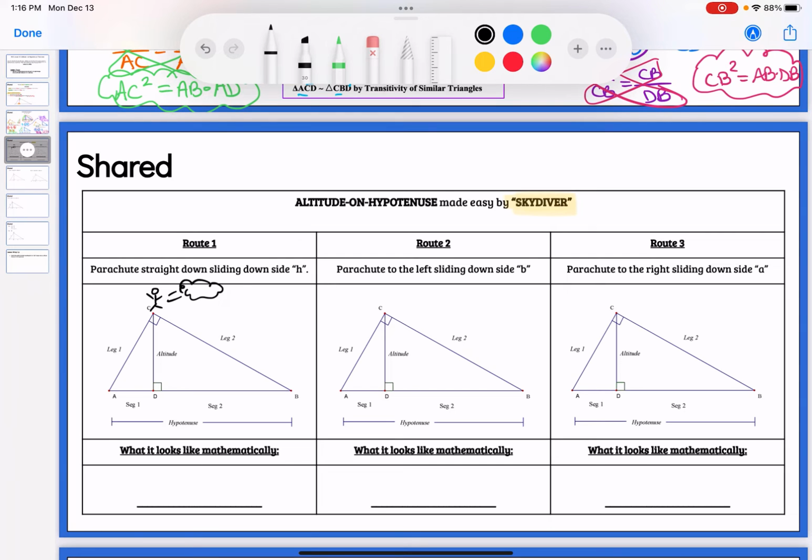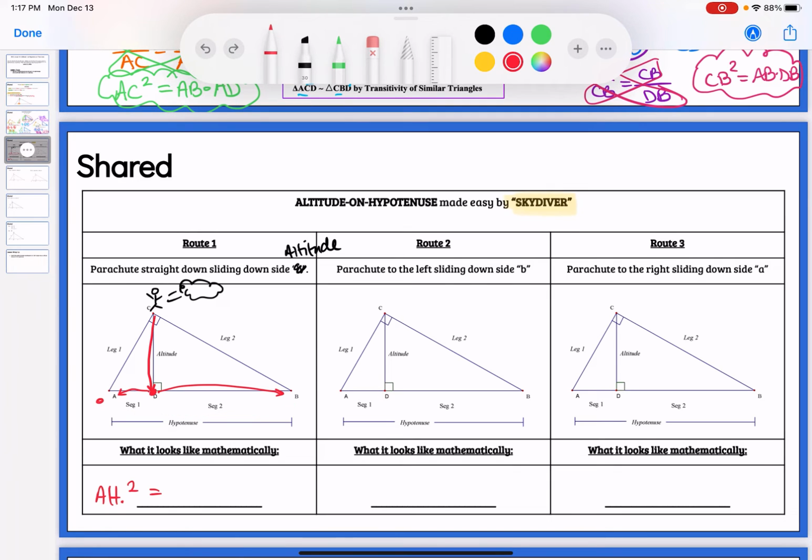Okay, so parachute man is sliding straight down the altitude. Let's say he comes down the middle, all right? So if he comes down the middle, he's going to land at the bottom, but it's hard coming down the mountain, right? The way down the mountain is tough, so that's why we're going to square it. So altitude squared equals. So he lands down here at D, right? Where could he walk? Well, he could walk left, or he could walk right, but he can't magically teleport and start over here at A and walk the whole thing, right?